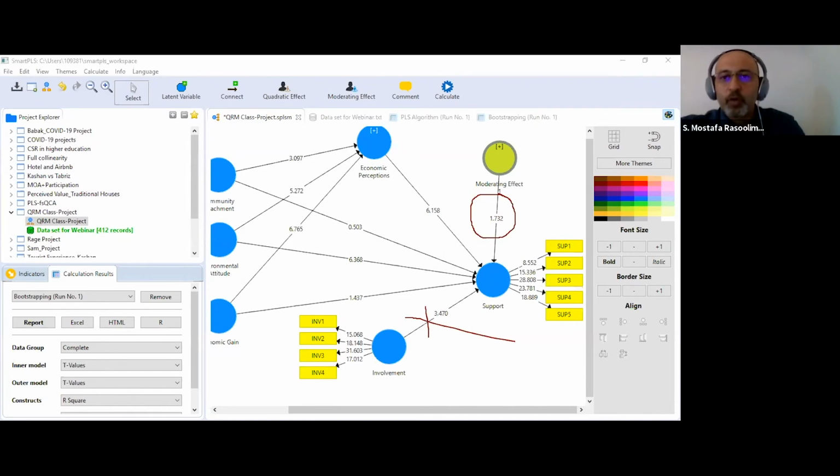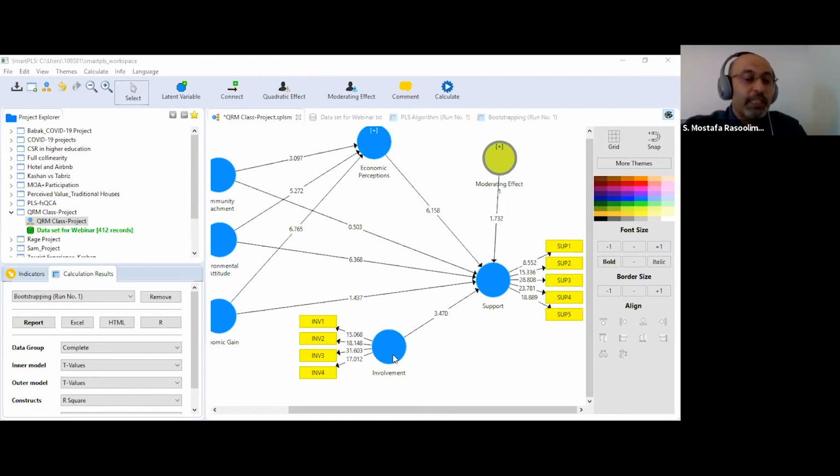Any question for interaction effect? For any moderating variable, for any type of moderator, when you apply the interaction effect, you need to follow the same steps.